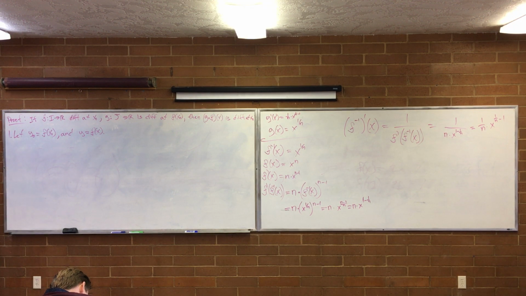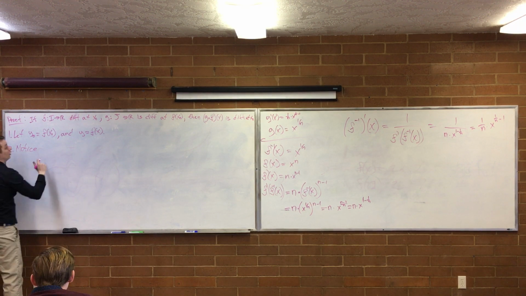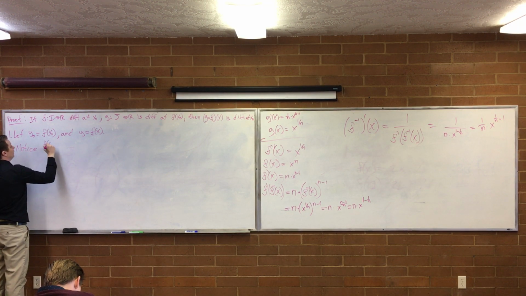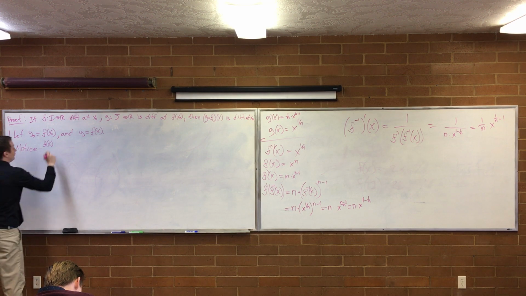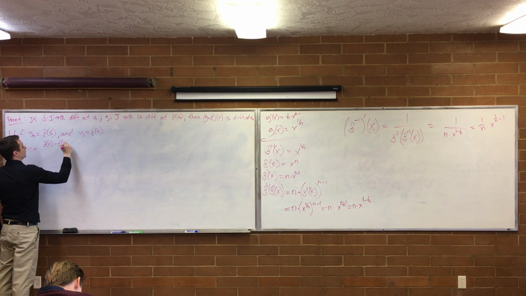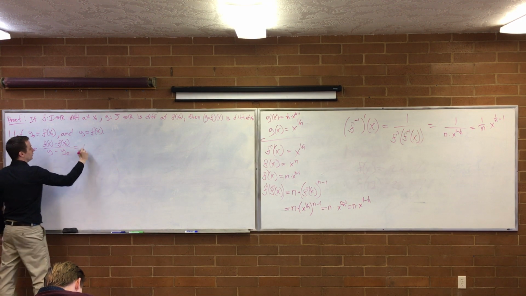The trick that we're going to do is notice that f of x minus f of x naught over y minus y naught is equal to 1.